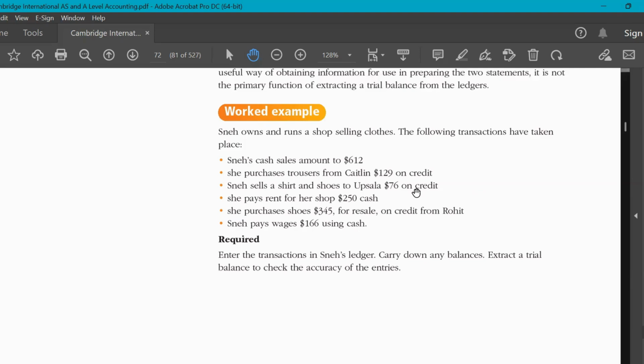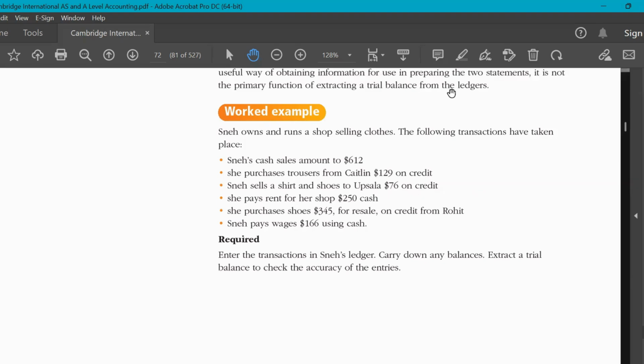So it means that it's still on credit, so Uppsala hasn't paid Sine. So if she hasn't paid the seller, then definitely Uppsala now owes something to Sine. So Uppsala is a debtor, which means it's also known as accounts receivable.